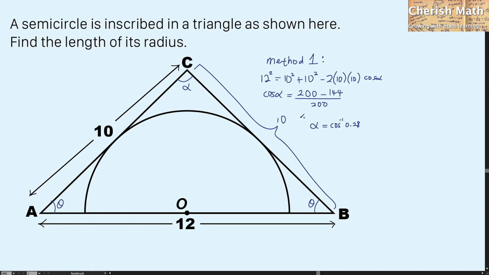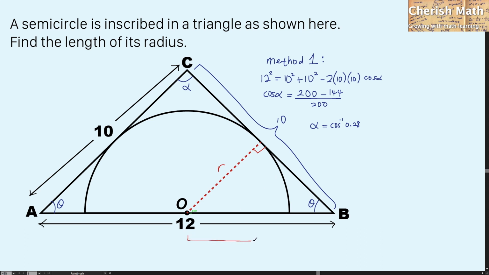In the next step, I'm going to draw a line from the point O, which is the center of the semicircle, to the point of tangency on the line BC, which I am pointing to here. This serves as the radius. I can confirm that this is a right angle because the line BC is tangent to the circle.